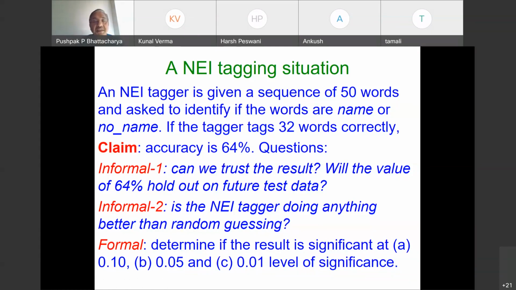What it means is that in future also, this accuracy will be maintained. That means if I give a 1,000-word test corpus, then at least 640 of those words will be given the correct named entity identification tag. That tag is binary, 0 or 1. Is the token a name or not? This is the binary decision.